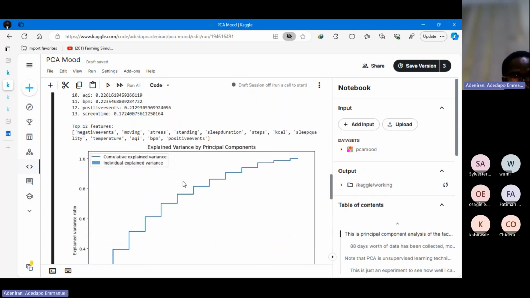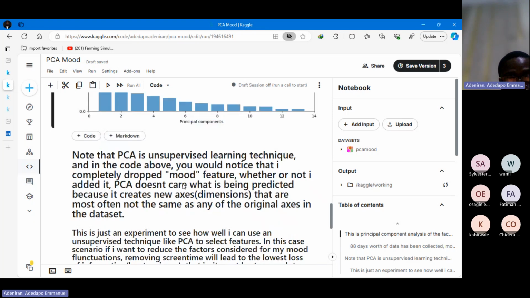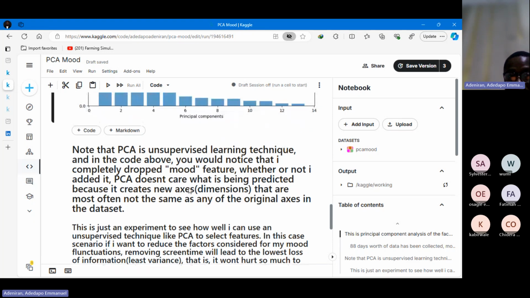So you can see you really should be very careful when you're using PCA, because PCA is unsupervised. PCA does not really care what you're trying to predict. It just looks at the entire data set itself and tries to find the angle that captures the maximum variation in the data. If you remember this picture that we used to see, it's like a meme.